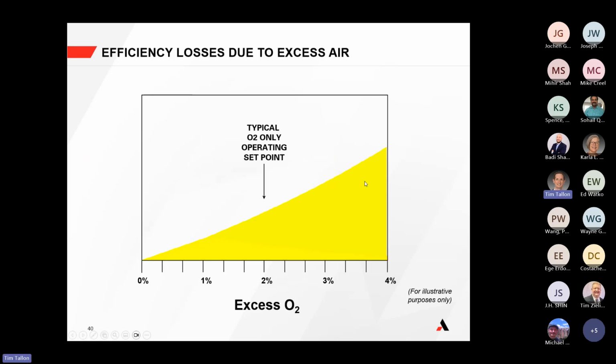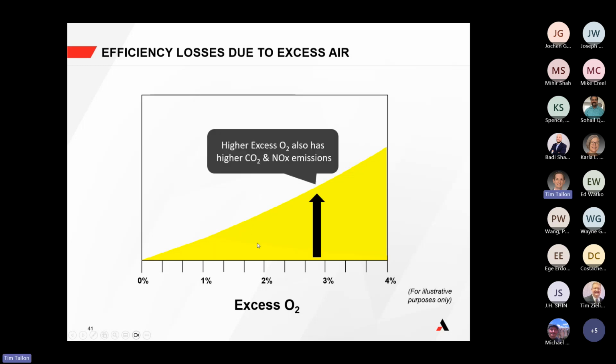Before we can even start with optimization, let's talk first about the implications of excess oxygen. Say 2% excess oxygen is the typical operating set point. That set point represents some amount of NOx emissions. And at higher set points, there's a higher amount of NOx emissions, a higher amount of CO2, and the reason for that is because of higher fuel consumption.